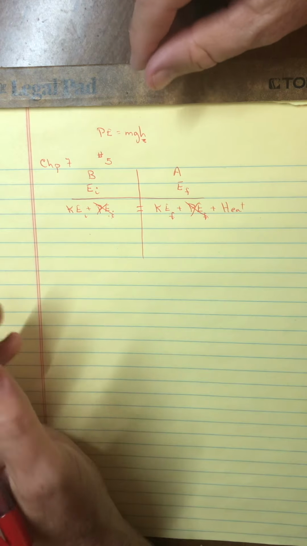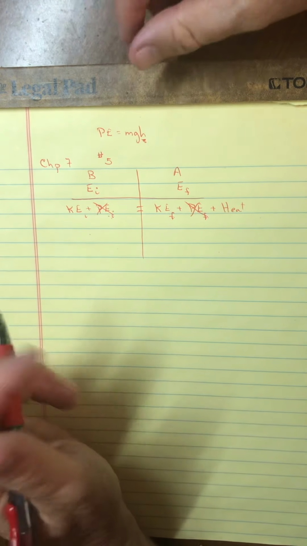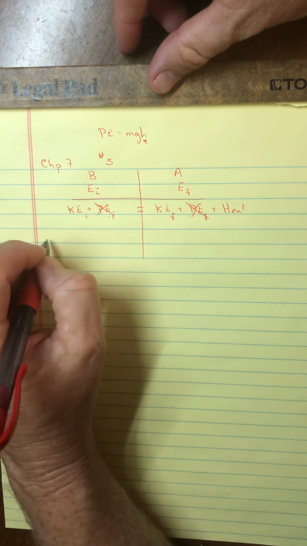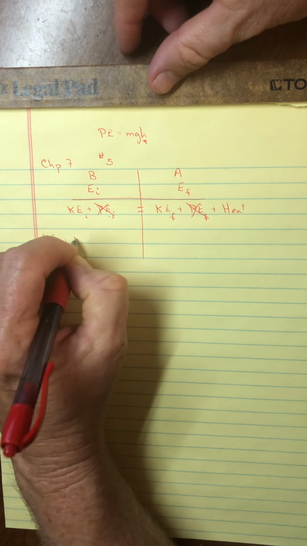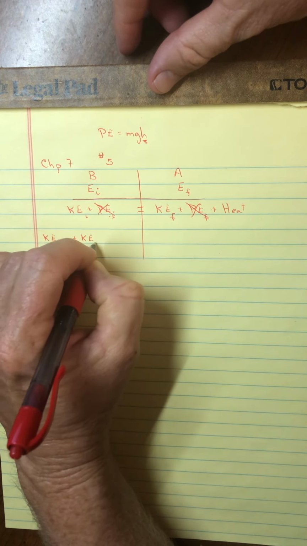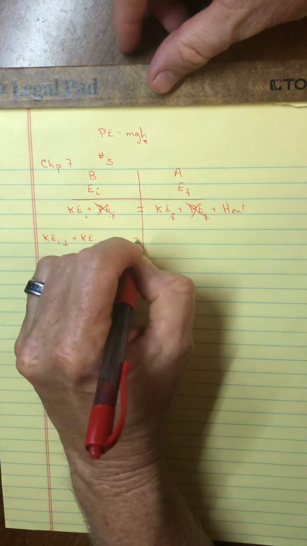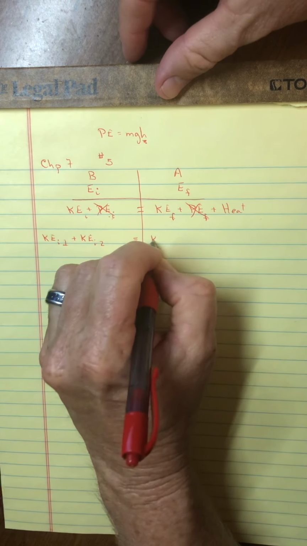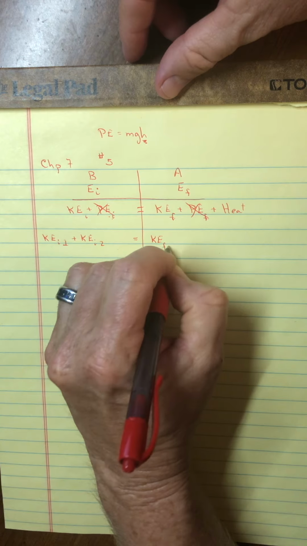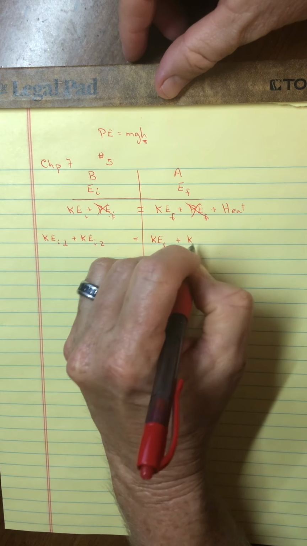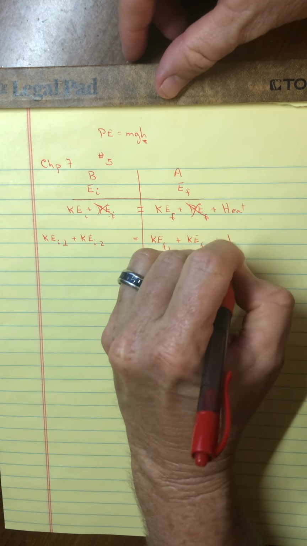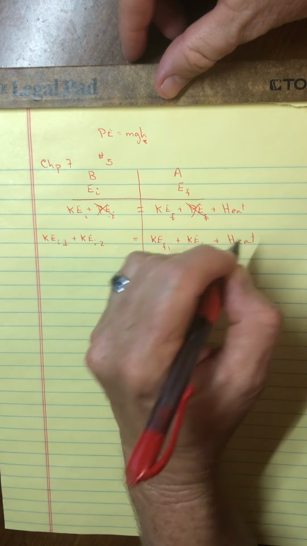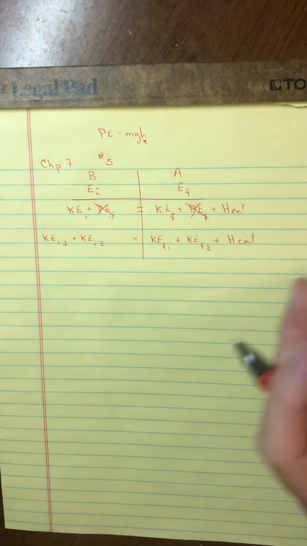Now, it does have kinetic, and it does have two objects. So I probably should write this as kinetic energy initial number 1 plus kinetic energy initial number 2 must then equal kinetic energy final number 1 plus kinetic energy final number 2, and then plus any heat that is generated if these things rub on each other.